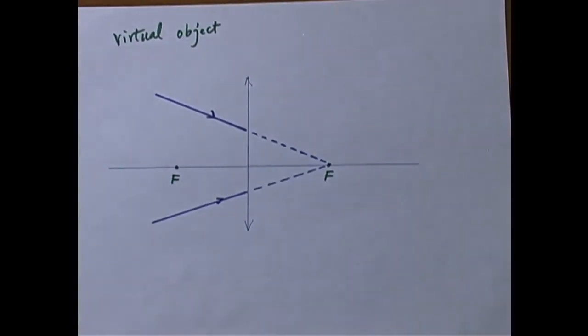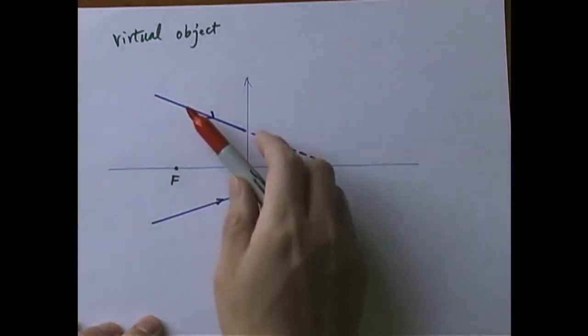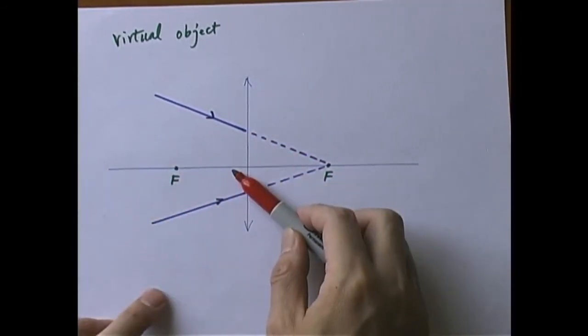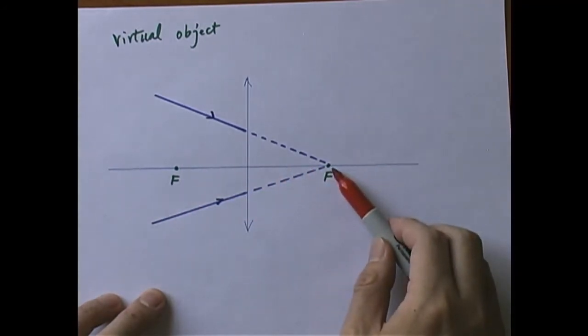Another useful concept is the concept of virtual object. Now we know what a virtual image is, right? A virtual image: you extend the light rays backwards, they appear to be emerging from the same point. That's called a virtual image. Sometimes we have the idea of what's called a virtual object. Imagine you got a whole bunch of beams coming in. Now these beams would have converged here at a certain point, whatever that point is.